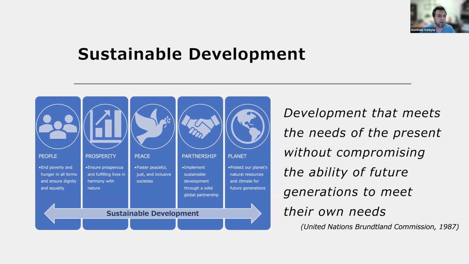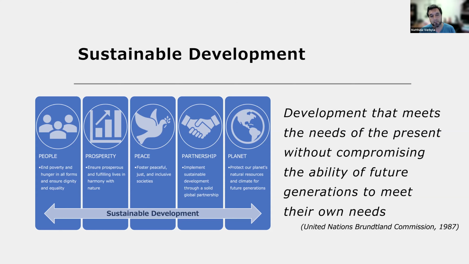Right? So when we think about the people aspect of sustainable development, we're usually thinking about ending poverty, ending hunger in all forms, and ensuring dignity and equality for people throughout the world. When we talk about prosperity, sometimes we might be referring to economic prosperity or a more general term of prosperity, but ensuring prosperous and fulfilling lives in harmony with nature.